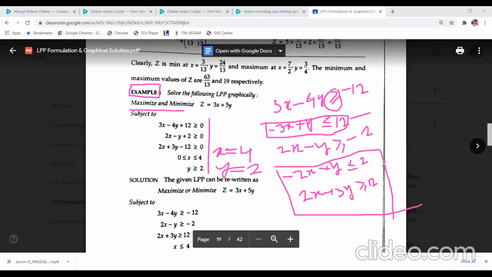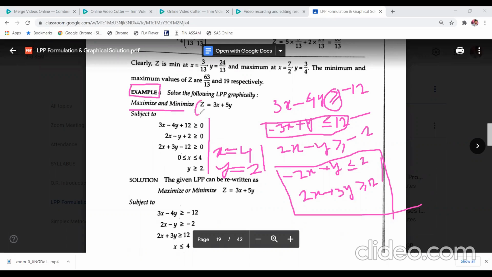1 here, 2 lines here, 3 lines, and these 2 lines, 5 lines. So draw these 5 lines on the graph and find the solution region of each line. Then from there you find the common region. After getting the feasible region, you find all the corner points, and at each corner point, find the value of z.